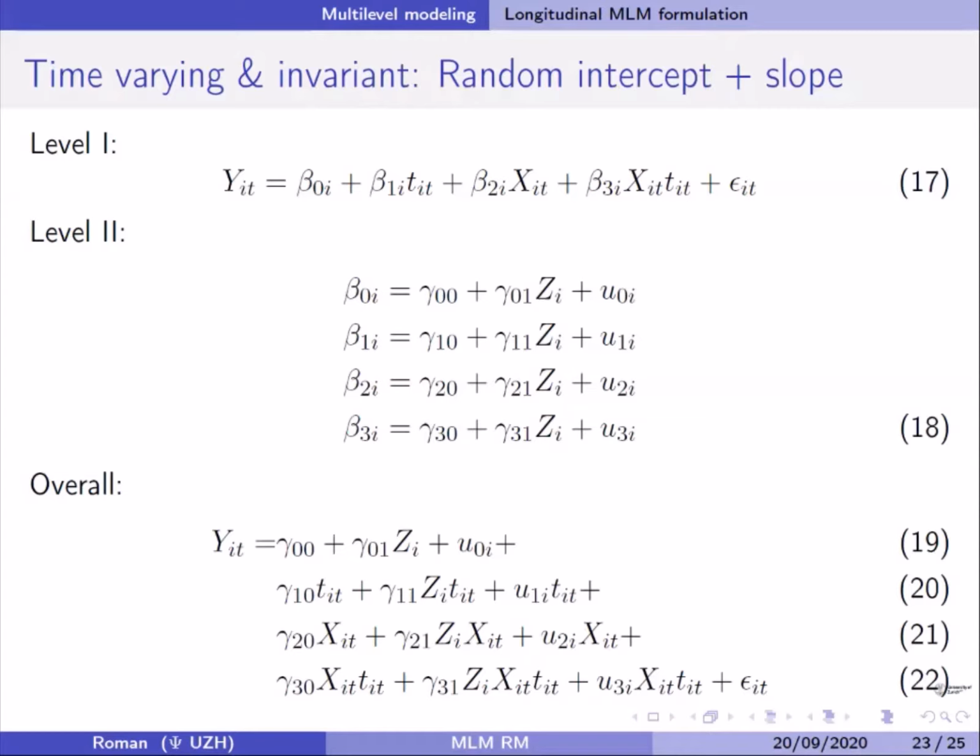And then our time-invariant covariate, like gender, is now here. Okay, so let's break this down. Gamma 0,0 is our fixed intercept. It is the average intercept when you are female, which is our reference category in Z, at time 0 and your X score is 0.